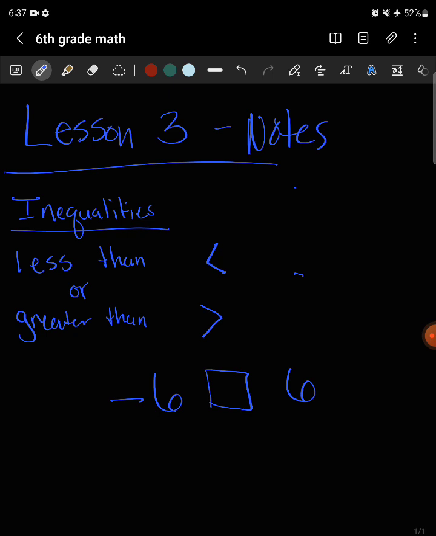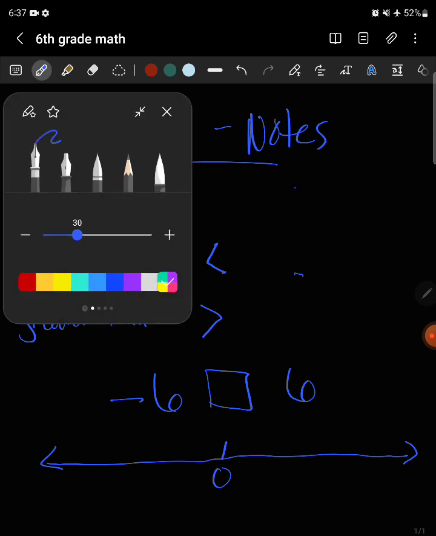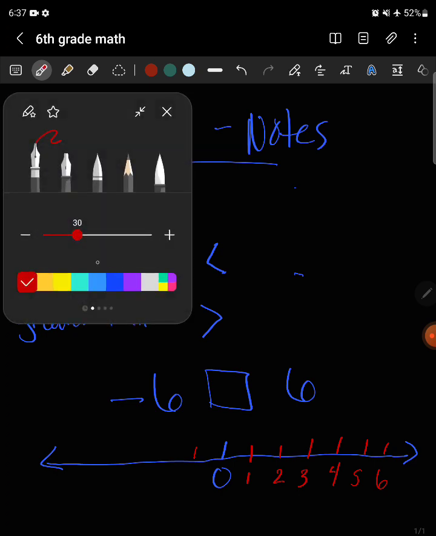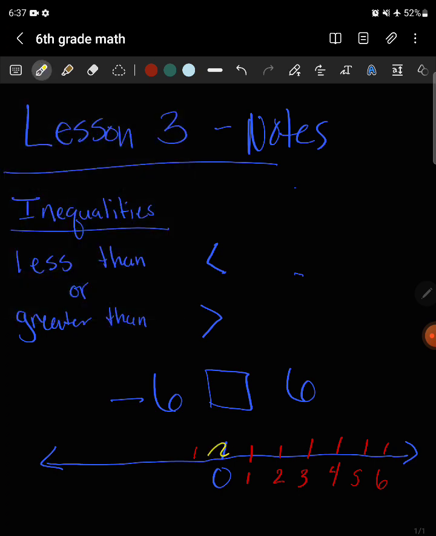The first thing that I want us to realize is that if we were to go on a number line, 0, 1, 2, 3, 5, 6. So then I have -1, -2, -3, -4, -5, -6.